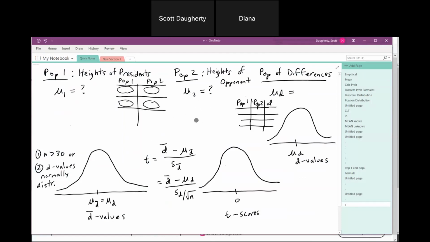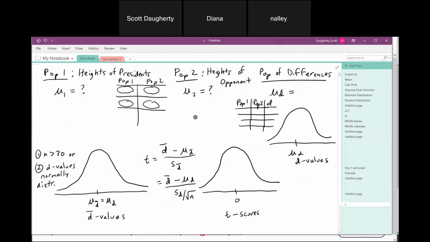Now, ultimately, what we're going to do is convert this into just one population. Even though we start off with two populations here, we're going to convert it into one population, known as the population of differences. So we're going to take whatever the president's height is minus their opponent's height, this number here minus this number here.